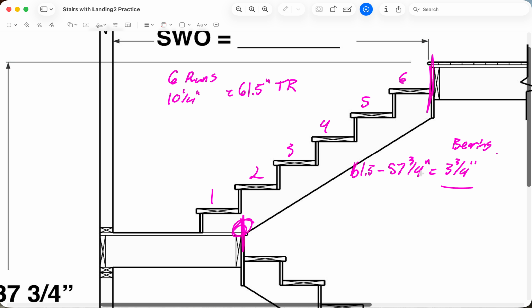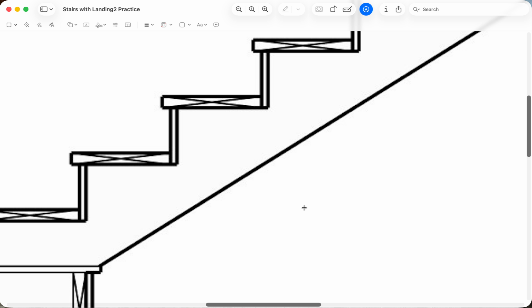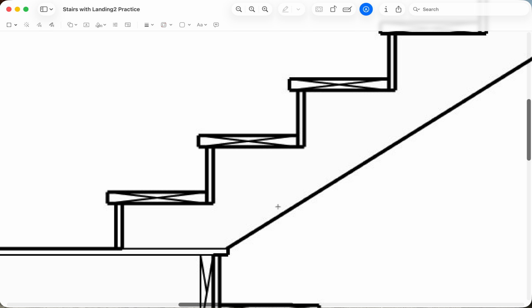So what we want to do is figure out how long that floor cut, if you want to call it, is for the bottom of the stringer. And we can add on an additional whatever to the 3 3/4 we already have. Okay, so if we zoom in, the way we can figure this out is we know that in this example we're using a 2x12, 11 1/4 inches.